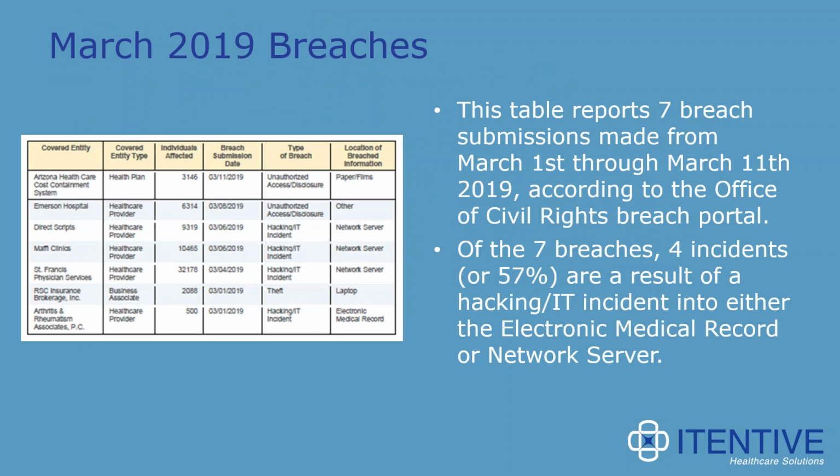So if we look at March 2019 breaches, this table shows you just some examples of what occurred in the month of March. It reported 7 breach submissions made from the 1st to March 11th, according to the Office of Civil Rights Breach Portal. Of the 7 breaches, 4 incidents are a result of hacking IT incidents to either the electronic medical record or the network server.